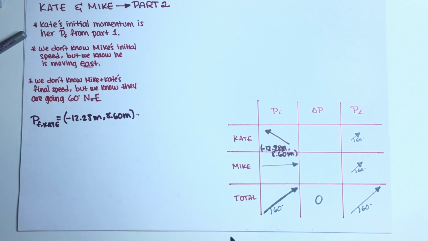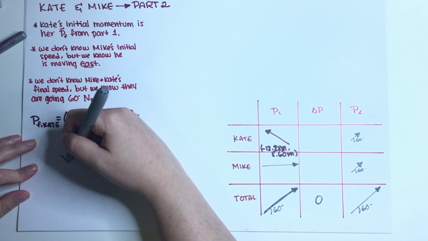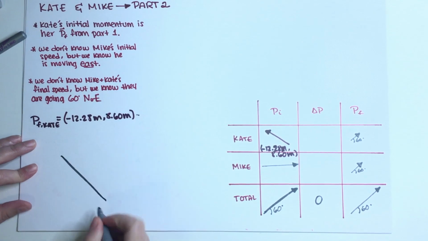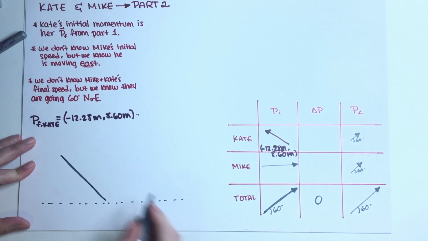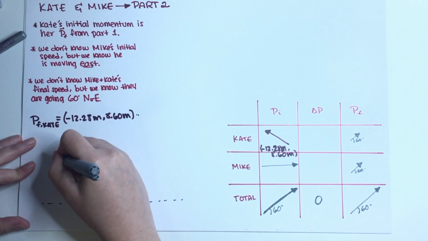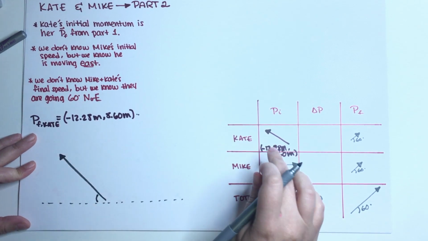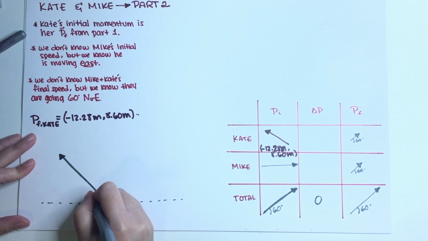So let me just start by putting up Kate. So this is Kate. She has an angle of 35 degrees according to the last problem.